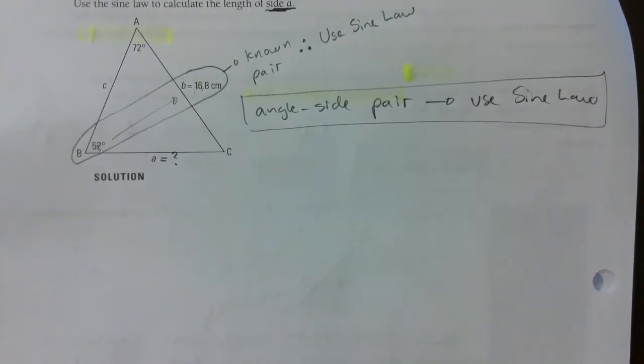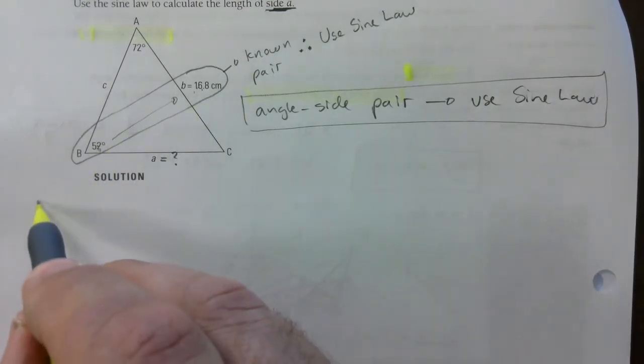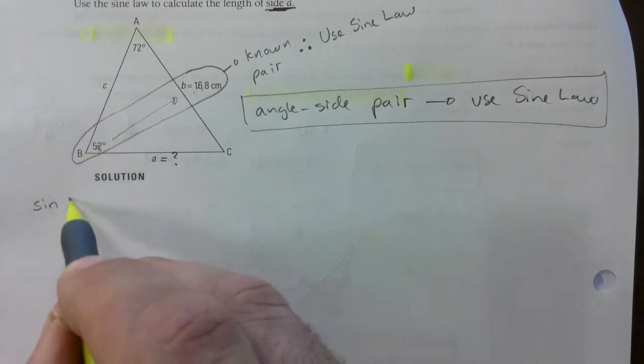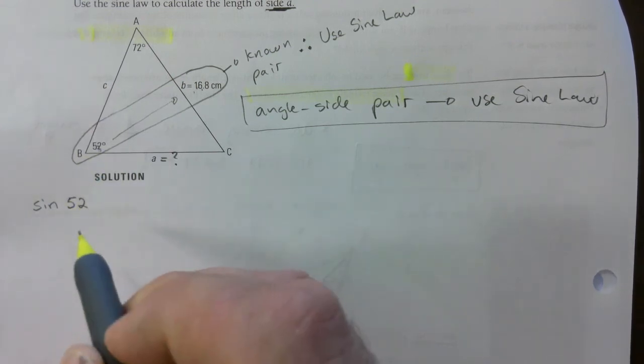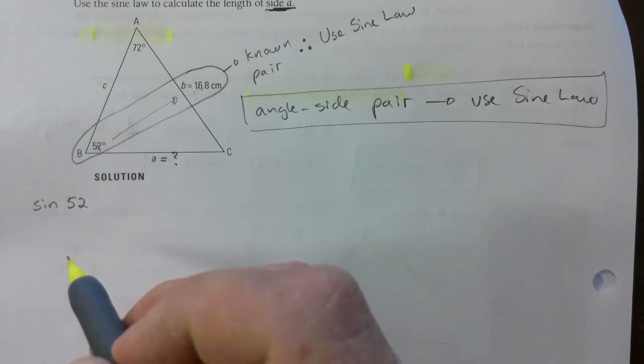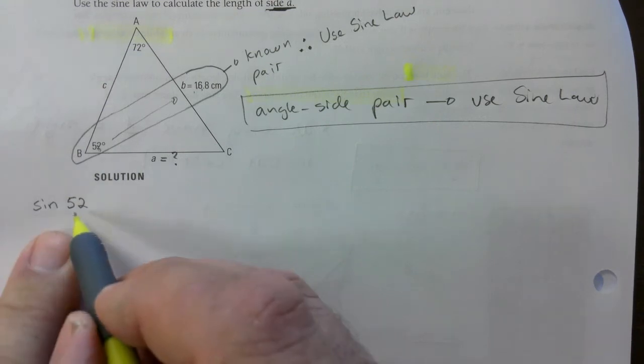So this is what we know about the sine law. And I always set it up this way, but you don't have to. Sine of 52 degrees, you can never just have degrees on its own. You always have to have it paired with sine or cosine. In this case, we're doing the sine law.